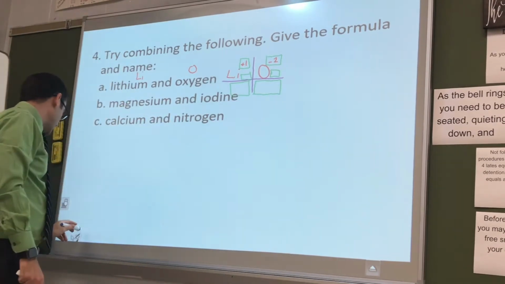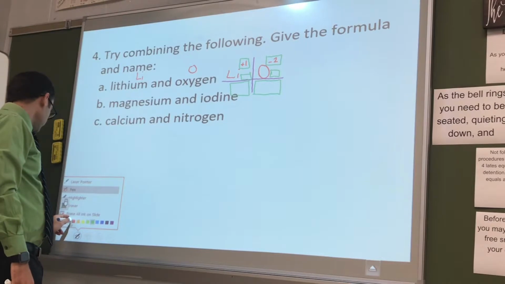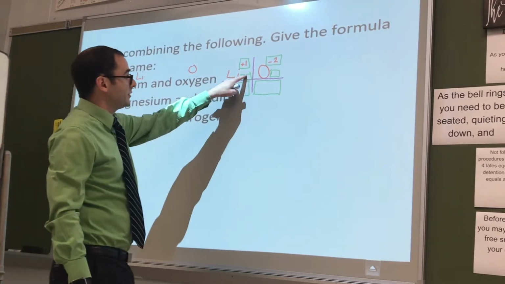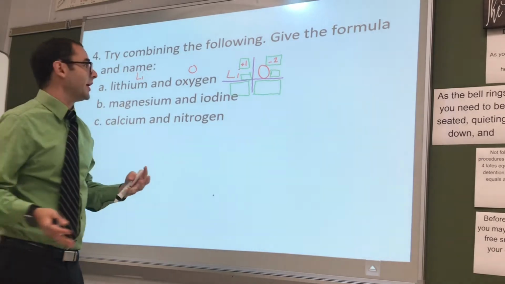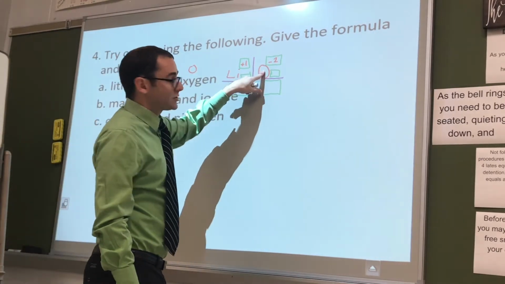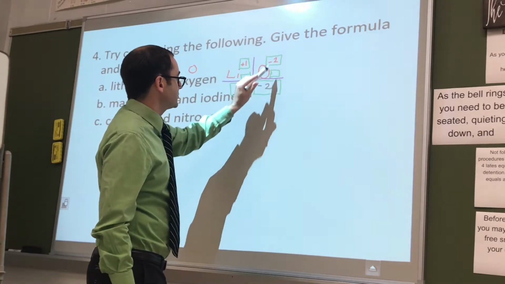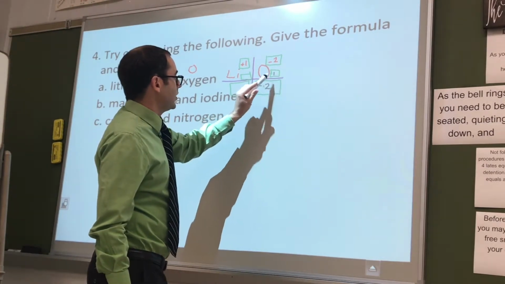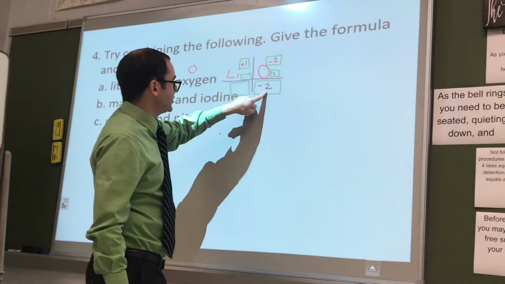Like for example, you guys told me a minute ago that we need another lithium, right? We need 2 lithiums to balance it out. Well, think about, all right, how did you come up with that? Well, you know that oxygen's -2, right? So right now the total charge down here is -2 with just one of those oxygens. So it's -2 times 1 gives you -2.